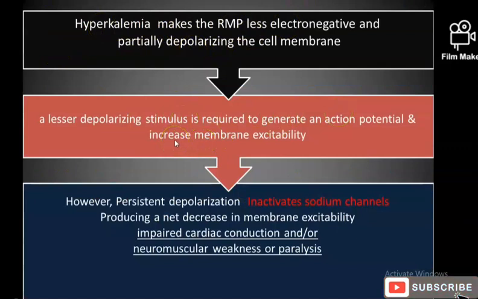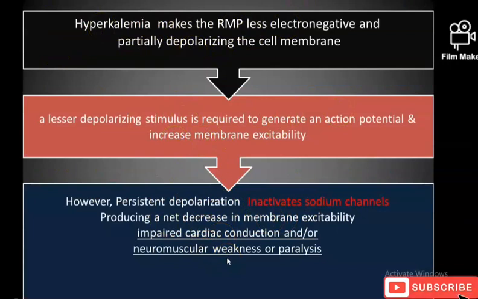But the persistent depolarization can inactivate the sodium channels. So when the sodium channels become inactive, there is a net decrease in the membrane excitability, and this decreased membrane excitability can lead to impaired cardiac conduction and neuromuscular weakness.